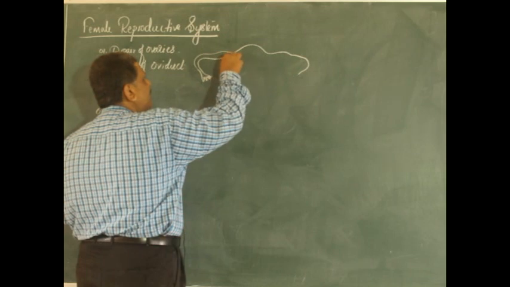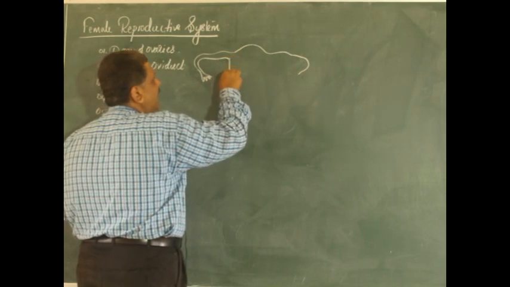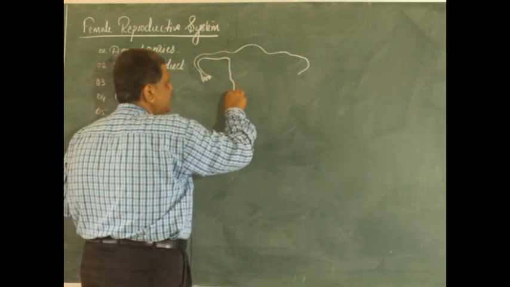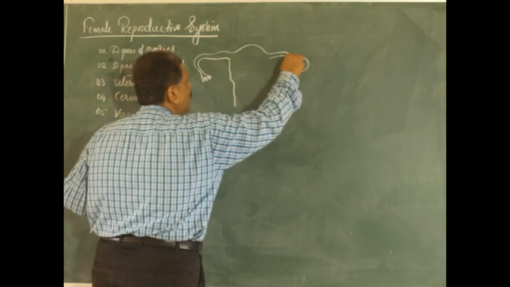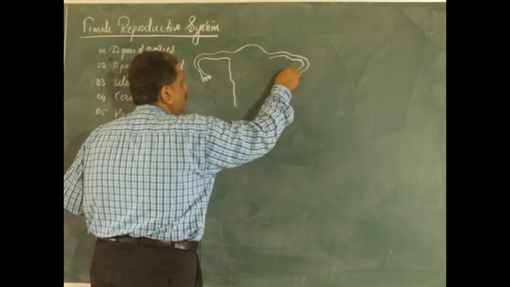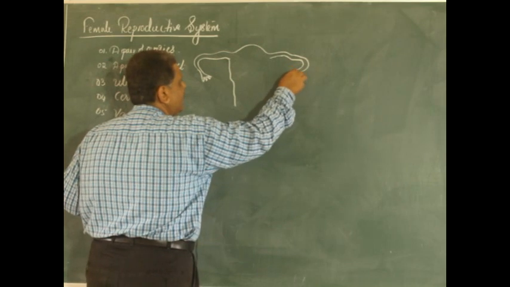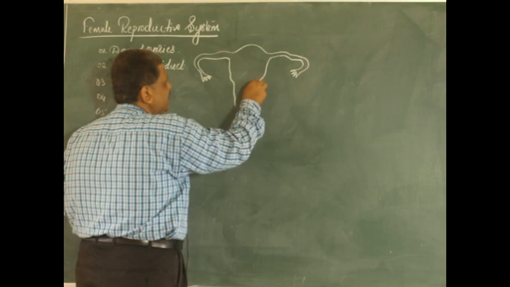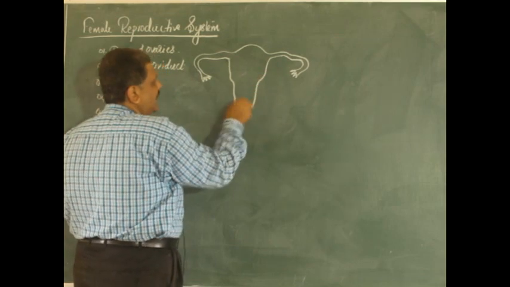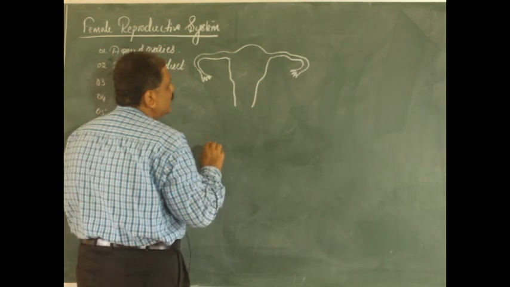They are called fimbriae, and this is the uterus portion, or it is also called womb. Here also you can see the presence of fimbriae, finger-like projections, and you can see the appearance of uterus.